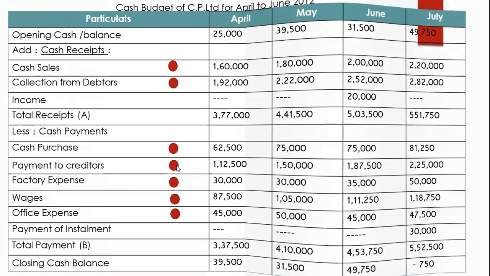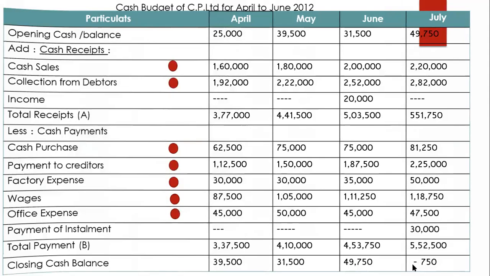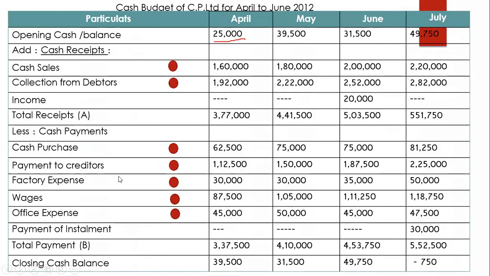Now payment to creditors also we have underlined for April, May, June and July. It will cover which purchase payment will be done in April, May, June and July. So this calculation makes it very easy to do the entries in the cash budget.